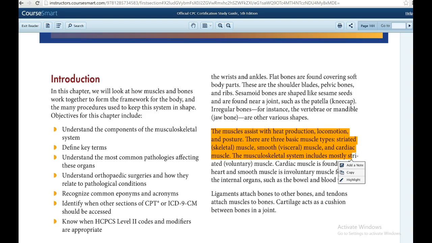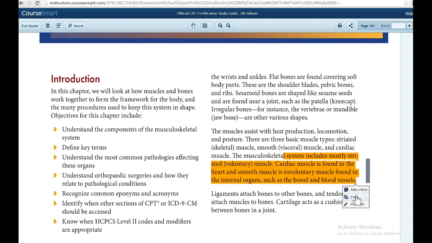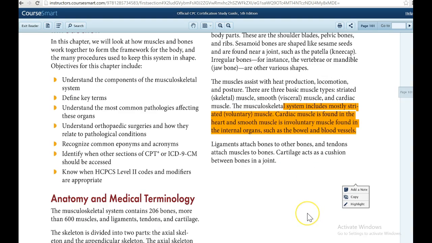The musculoskeletal system includes mostly striated or voluntary muscle. Now, the cardiac muscle is found in the heart, and it is a smooth muscle that is involuntary. So, of course, we've said before, we don't want our heart to beat on a voluntary basis.